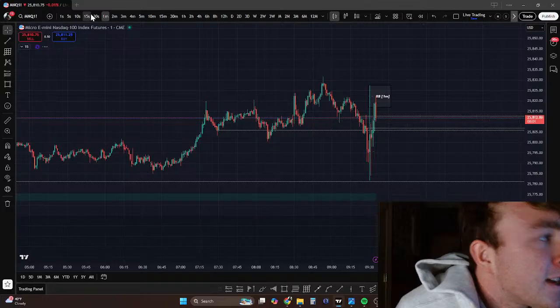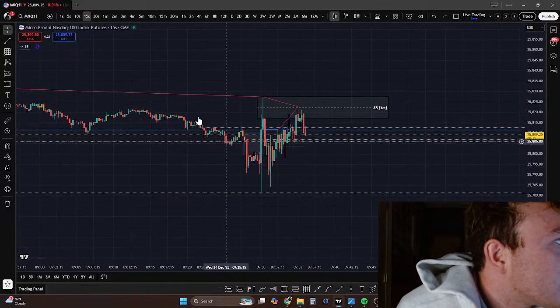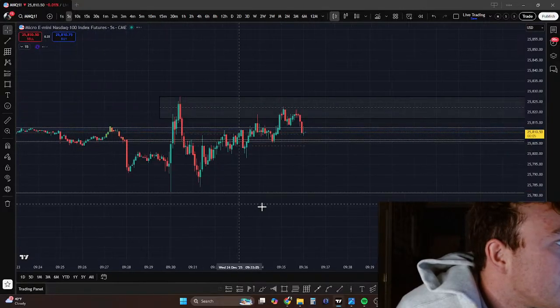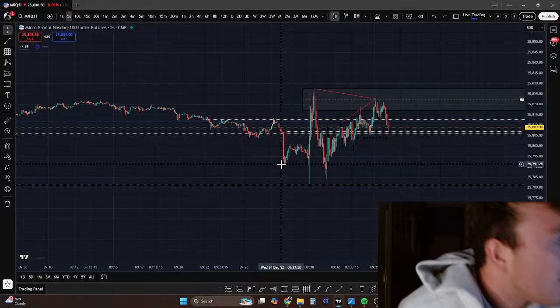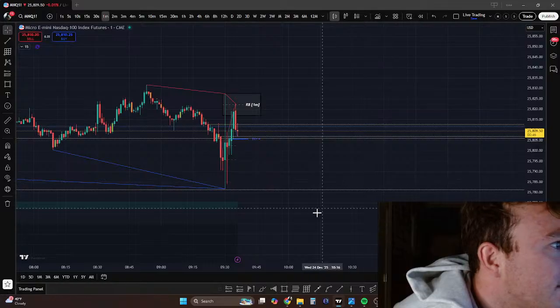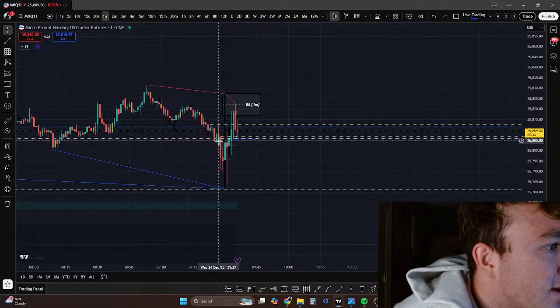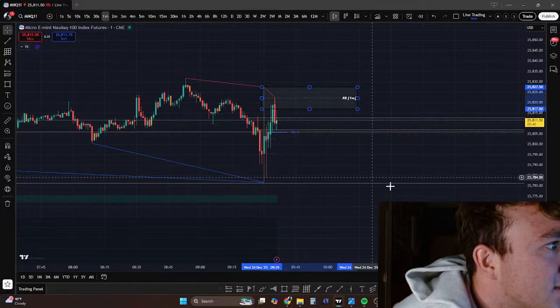It's a 15-second rejection block. Oh, look at that inversion off of it. I don't know. Did we ever get the first presented fair value gap? No first presented fair value gap. That's crazy. But yeah, we were rejecting that 15-second rejection block.